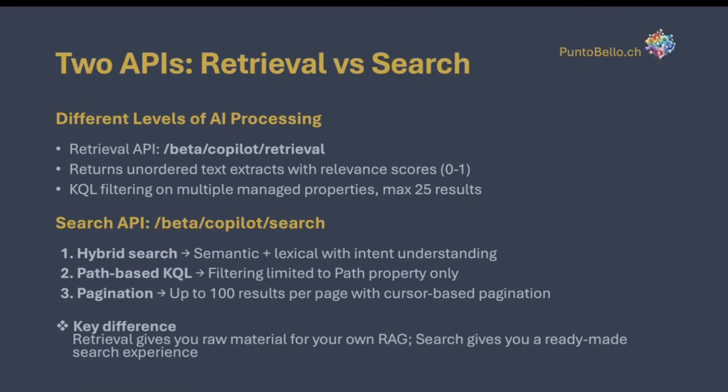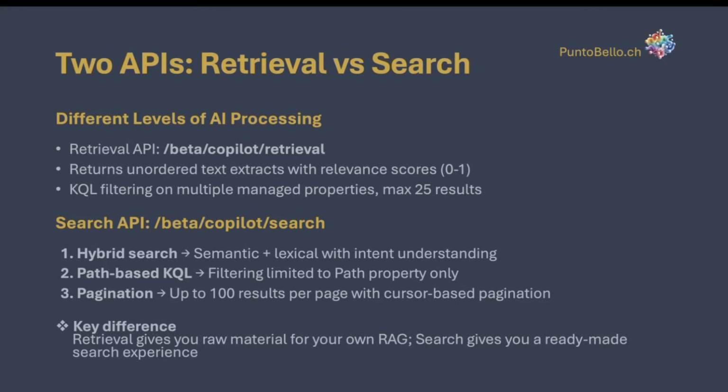The two APIs represent different levels of AI processing. The Retrieval API returns ordered text extracts with relevance scores, and it does not generate answers. So you will have to bring your own answer post-processing if you want to present this accordingly to the user.